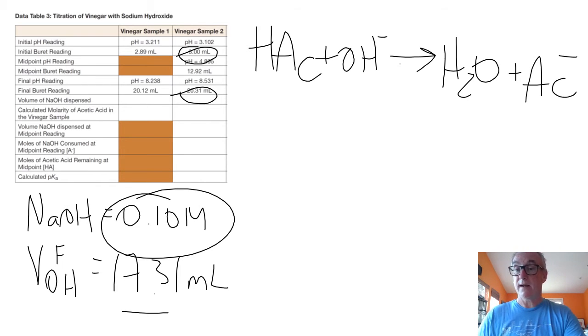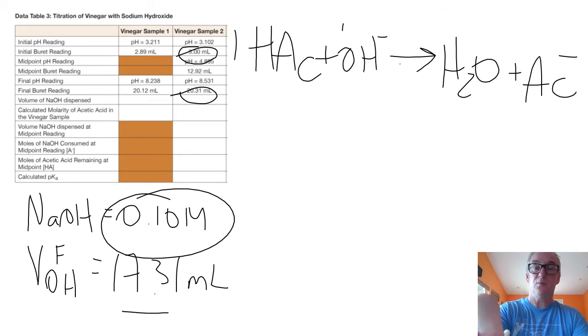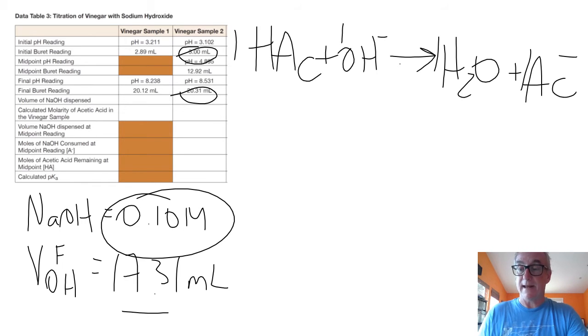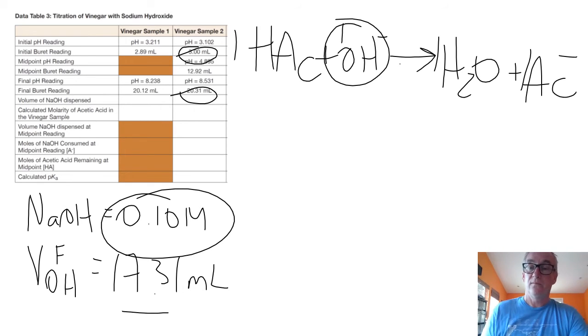It does not go back. So look at the ratio. 1 mole of acetic acid plus 1 mole of hydroxide ion makes 1 mole of water and 1 mole of acetate ion. So halfway through, how much hydroxide have we used? Therefore, how much acetate ion have we produced?